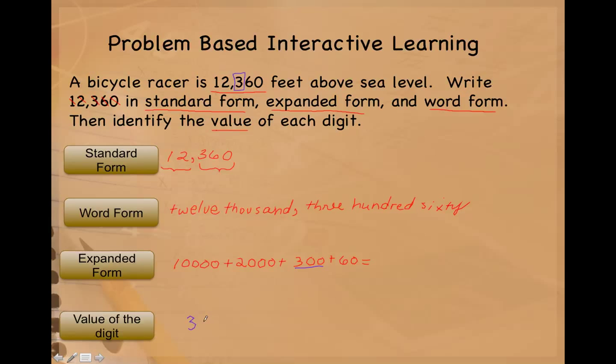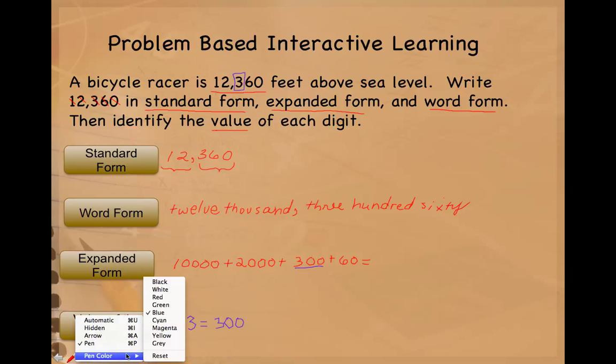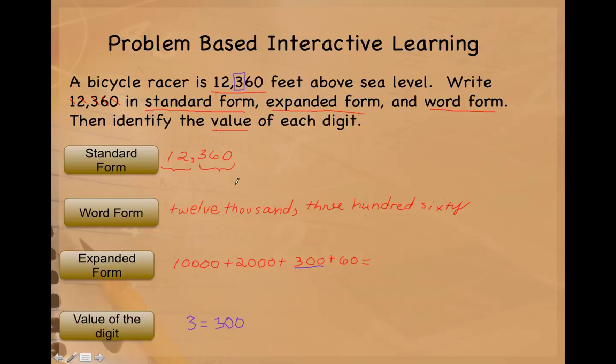Now if I wanted to represent the value of the 1, I could look here, and 1 in the 10,000s place is worth 10,000. So I'm using my expanded form to help me.